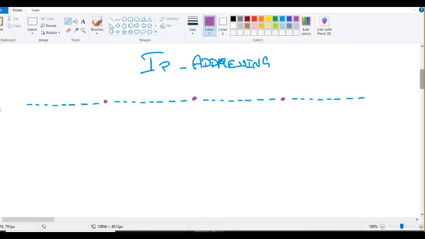So an IP address is a 32-bit binary address, but represented in the decimal form.